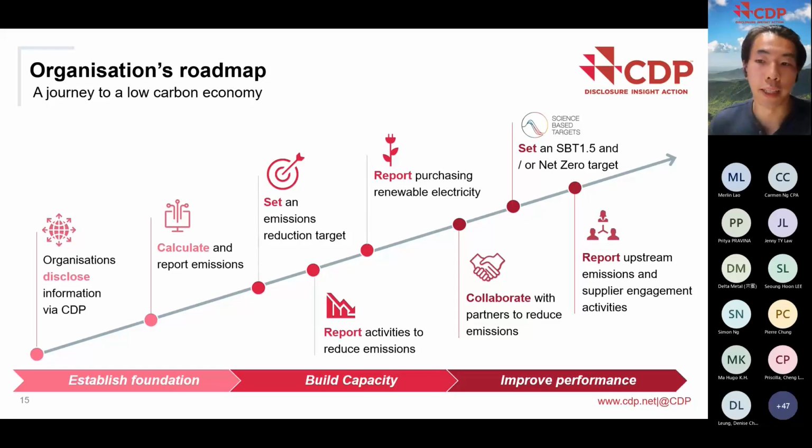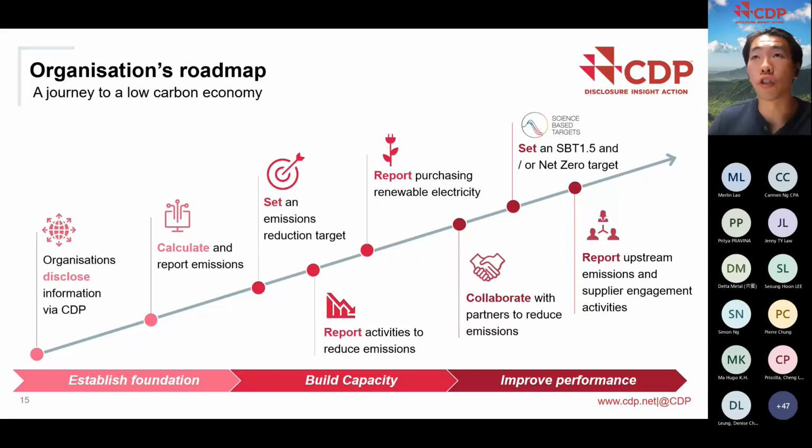So if you have a very basic understanding, maybe in the environmental management area, then you may just want to start checking out our questionnaire and disclose whatever you think you have the capacity to complete. Like if you have already conducted a risk assessment within your own company, then you may try to complete our C2 risks and opportunities module.